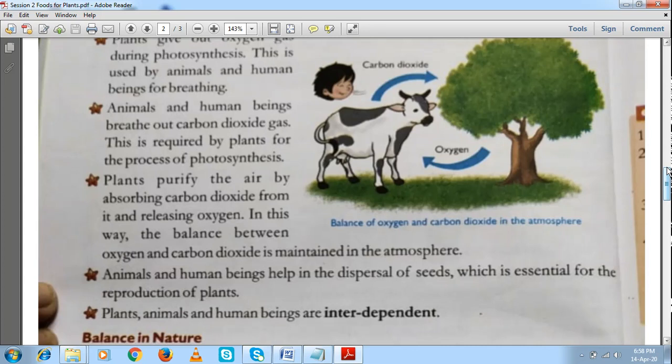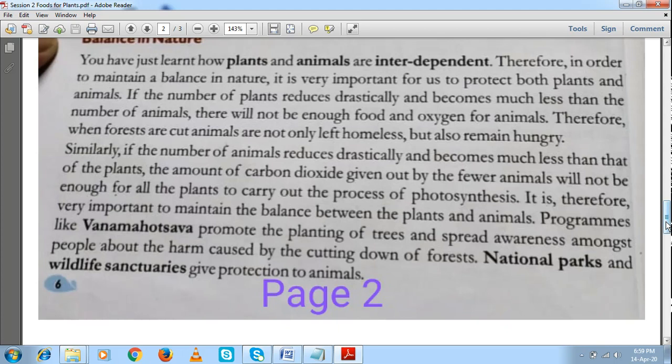The carbon dioxide which is exhaled by us is taken in by the green plants. They absorb that impure air, convert it into the purest form, that is oxygen, and give it to us for breathing. Right, children? So, this picture very clearly indicates our relationship and our dependency on the plants and how they are dependent on the living beings.